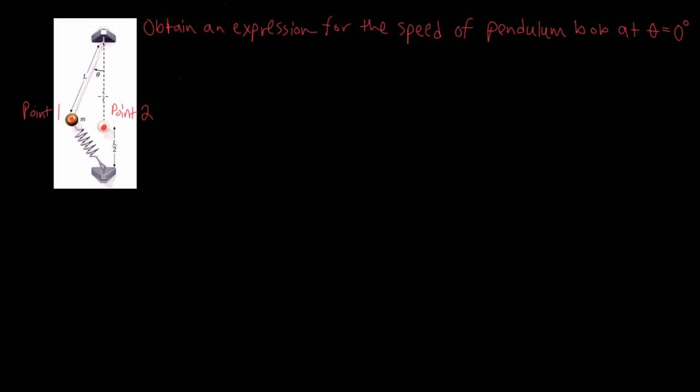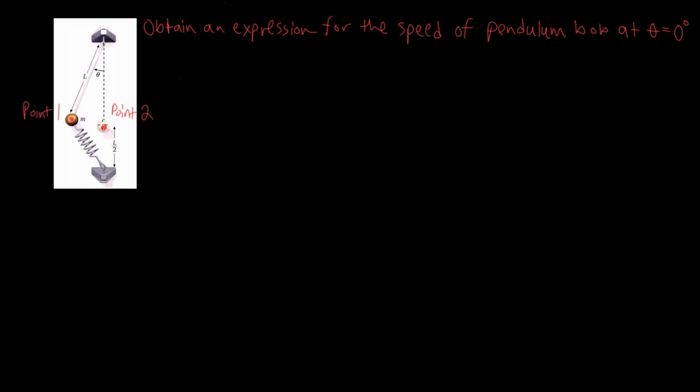So the thing to notice here is that this is just a conservation of energy problem. Because when we pull back the pendulum to 0.1, it gains a certain amount of energy. And when the pendulum is released and passes to 0.2, all of that energy from 0.1 is transferred into energy at 0.2.